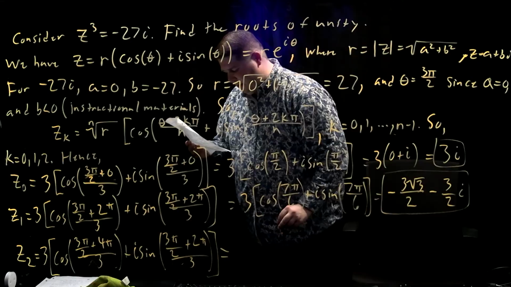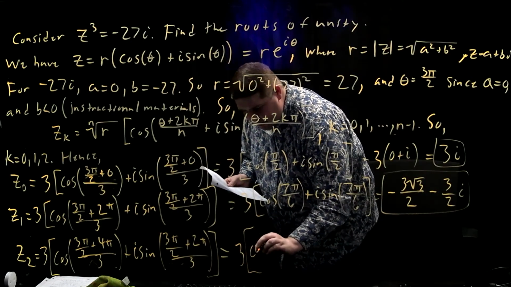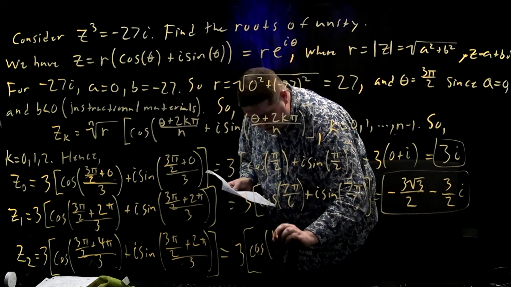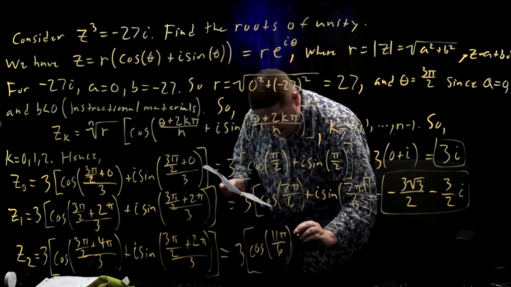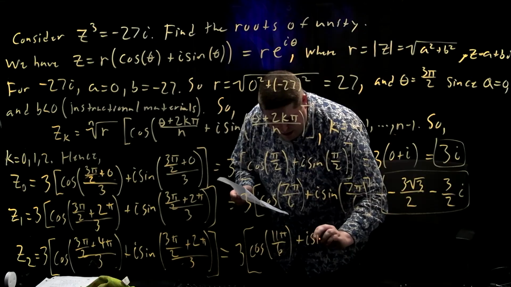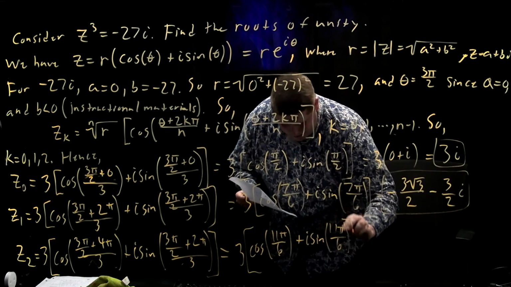And that is equal to 3 times the cosine of 11 pi over 6 plus i times the sine of 11 pi over 6.